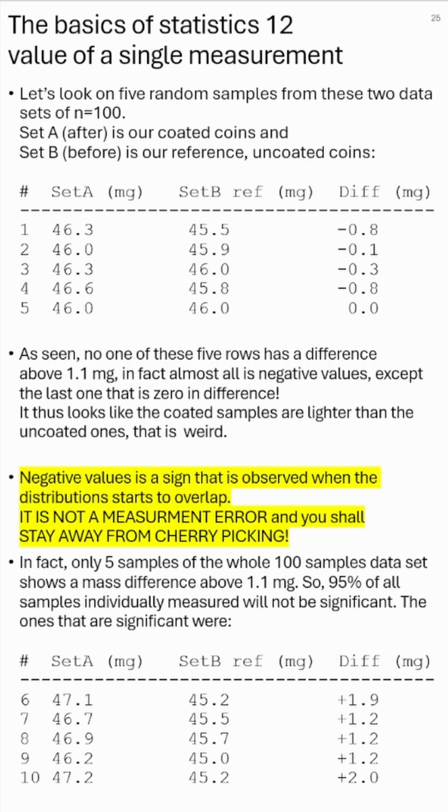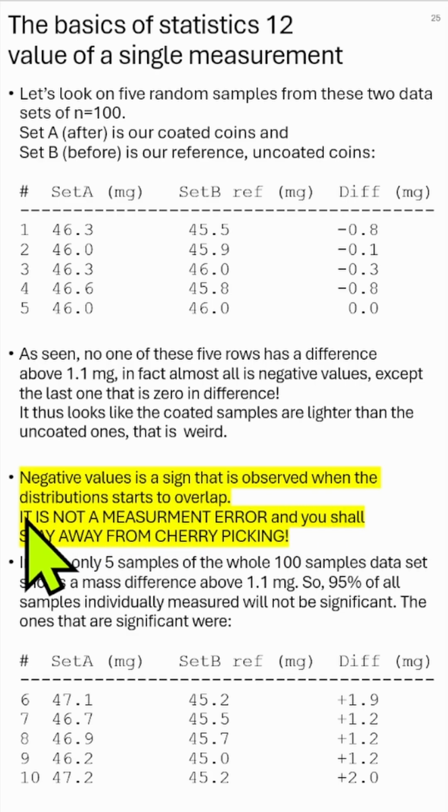So this, at first glance, as I have said earlier, looks weird. How can we have negative mass differences after we coat the sample? And that is because the negative values are a sign that is observed when the distributions start to overlap.